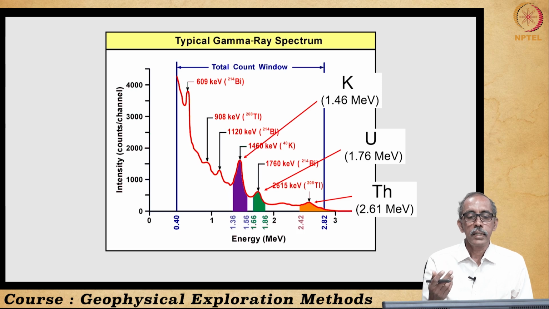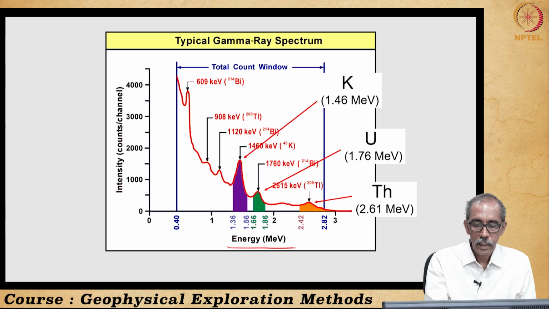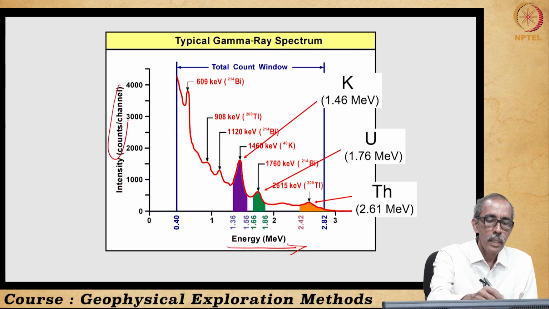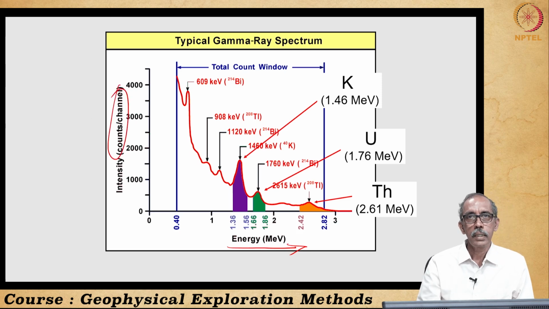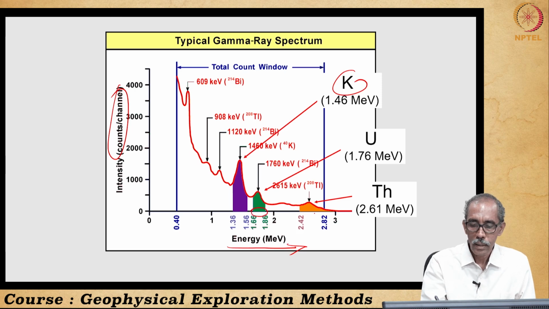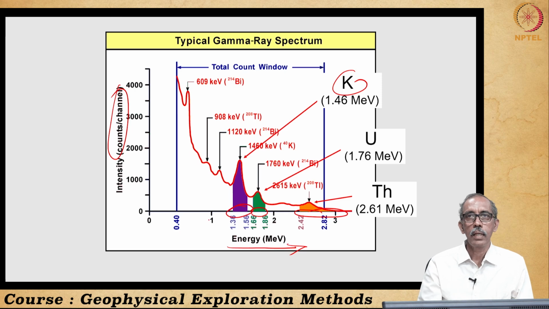And we had seen such a diagram, right. Here is the energy level in milli electron volt, and here is the counts per second or counts per channel, and each peak corresponds to one particular element. For example, this is the energy level for uranium, this is the energy bandwidth for thorium, and this is for potassium, right.